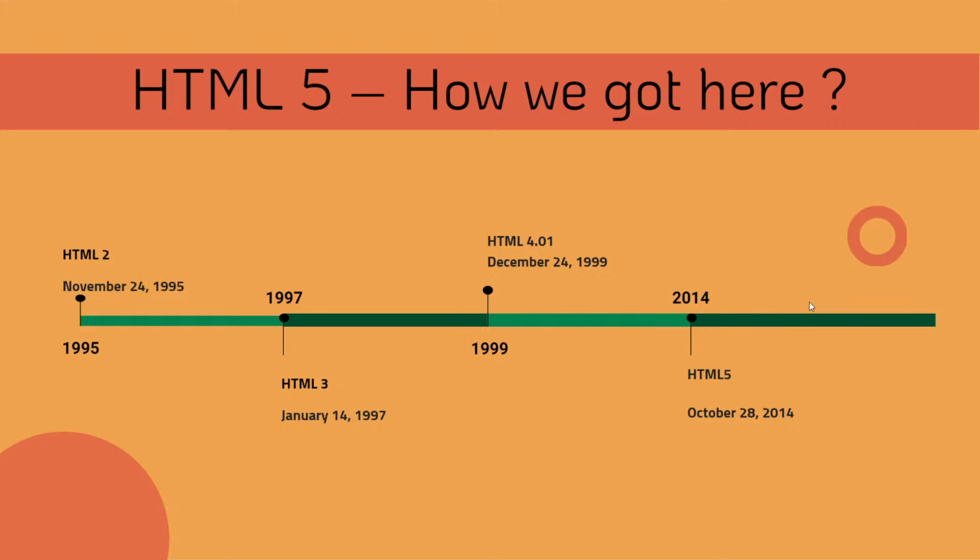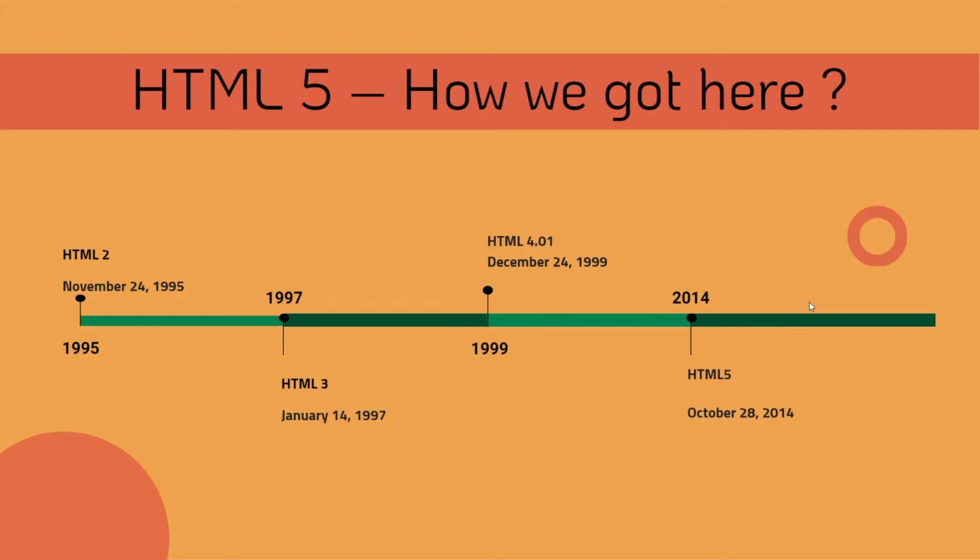He would say, I know HTML, but I don't know the version that I'm working with, because I never cared about it. And from 1999, there was no major version which evolved over the years.